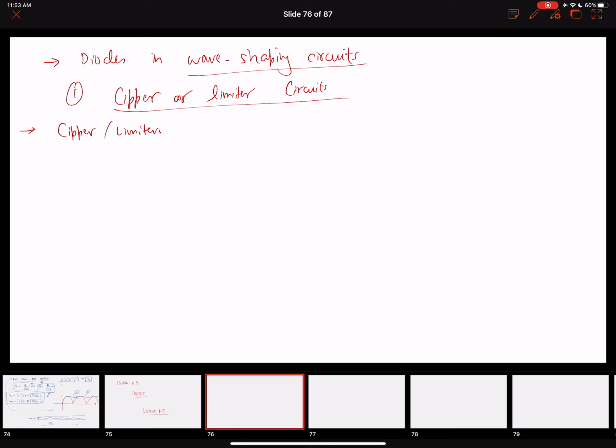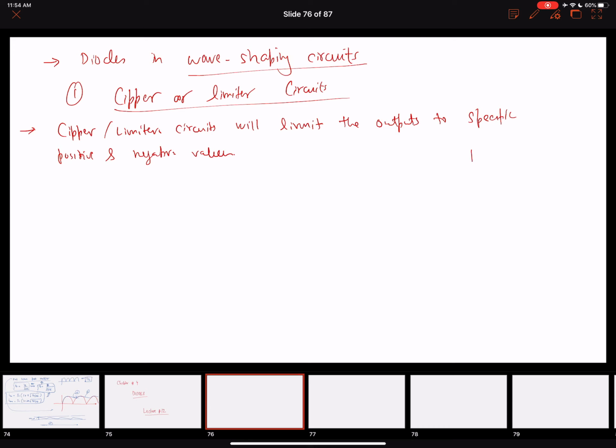Clipper and limiter circuits will limit the outputs to specific positive and negative values. It won't allow the output to become more than a specific value or less than a specific value.